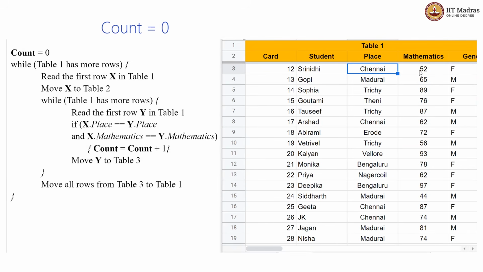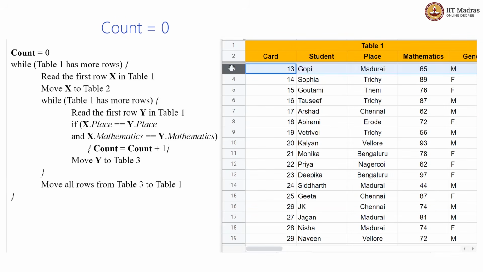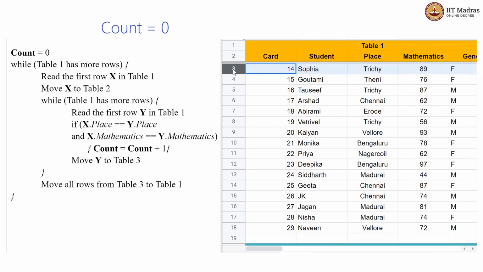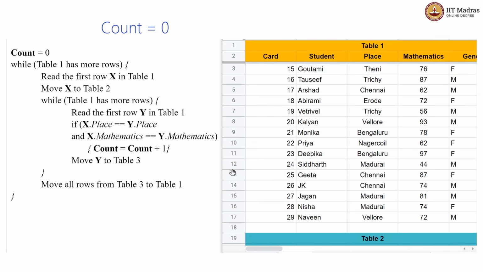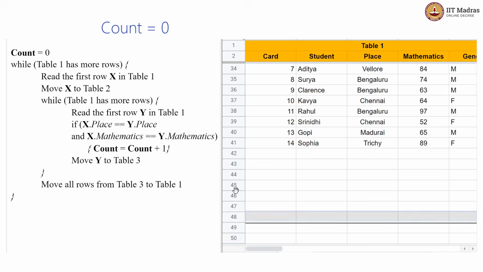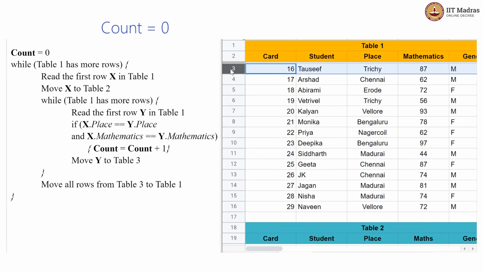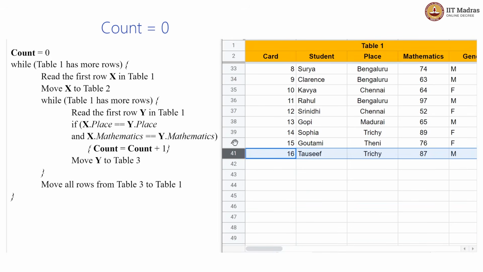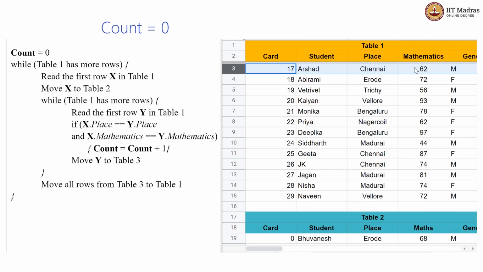This is a Chennai again. Mathematics score is only 52. So this goes away. Now another Chennai and mathematics score is 62, not equal to 57. So this goes down.